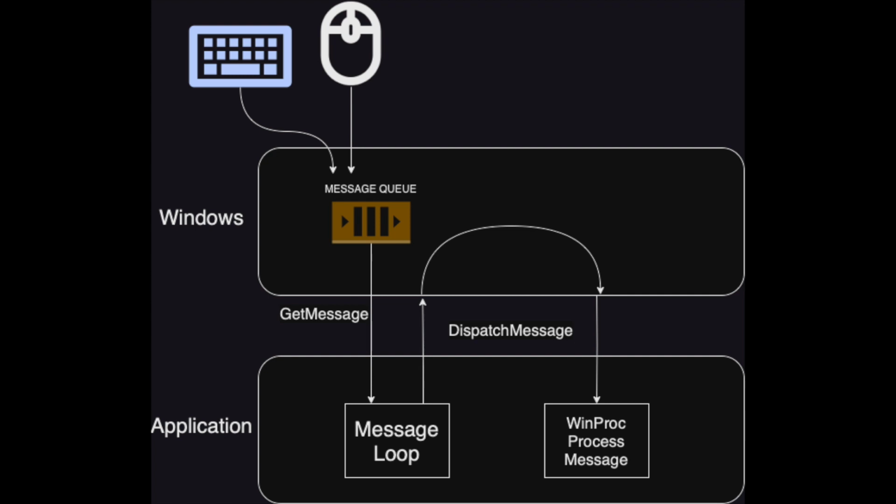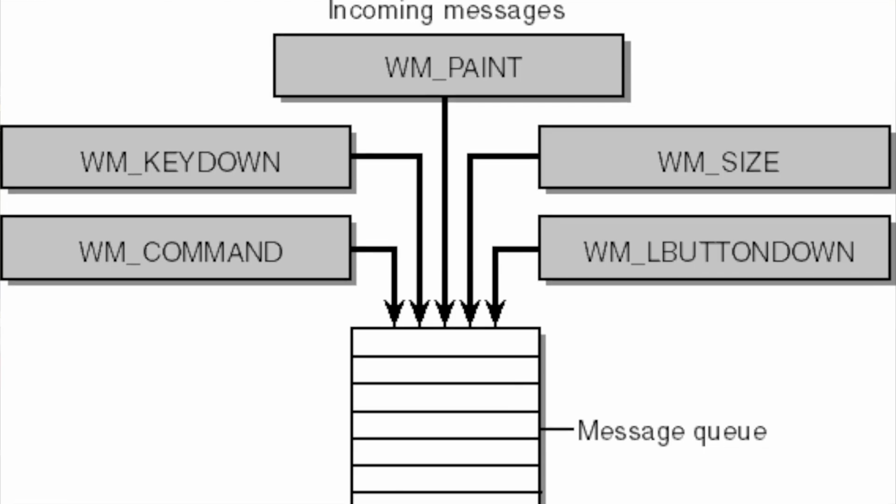But the first thing of a Windows application in C, you need to process the messages from application to application. I mean, Windows has the desktop server that can process the messages between the windows and the desktop.